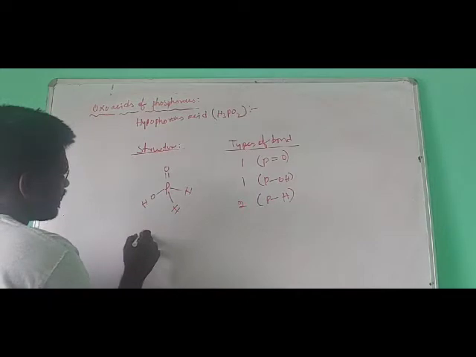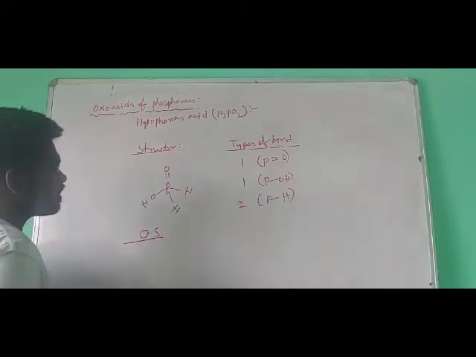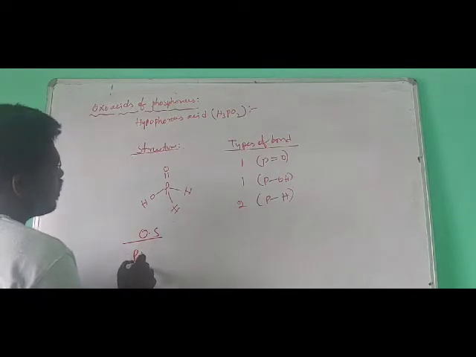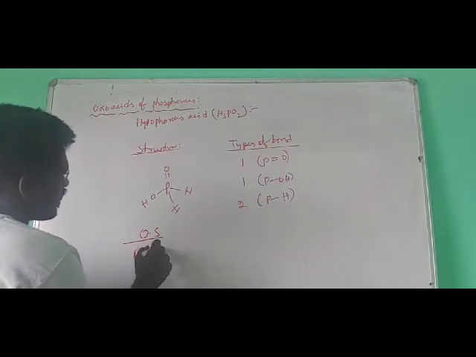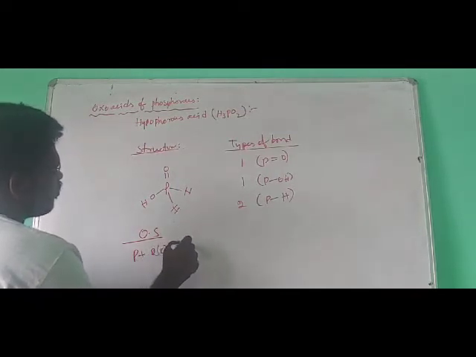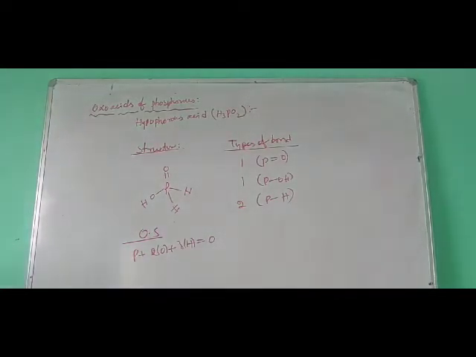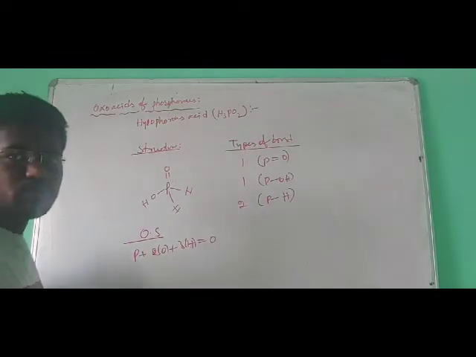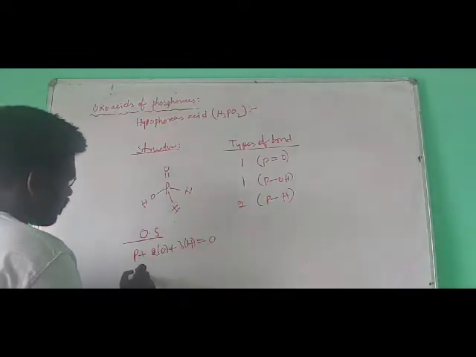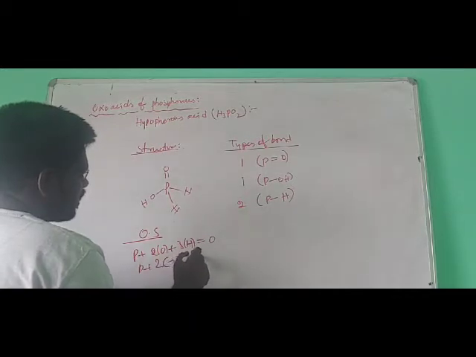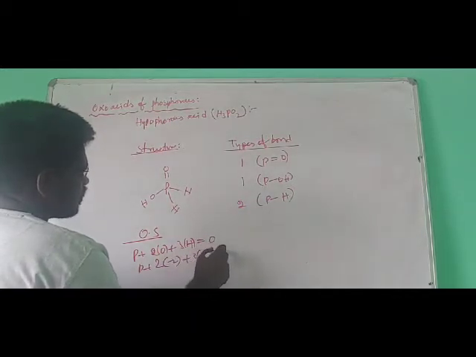Oxidation state. Let us calculate the oxidation state of phosphorus in this molecule. There is one phosphorus atom, two oxygen atoms and three hydrogen atoms. The overall oxidation state or charge on the molecule is 0. You know guys, oxygen forms -2 oxidation state and hydrogen forms +1 oxidation state.